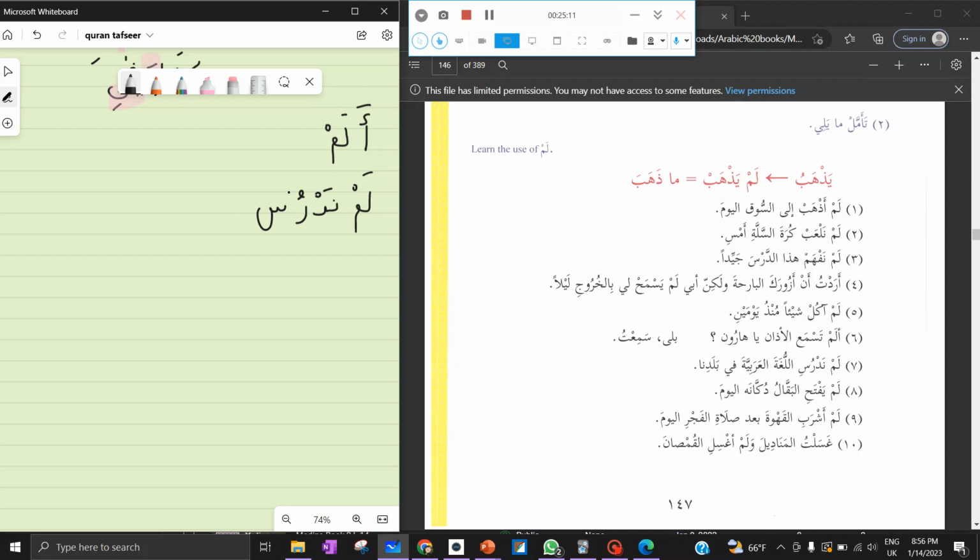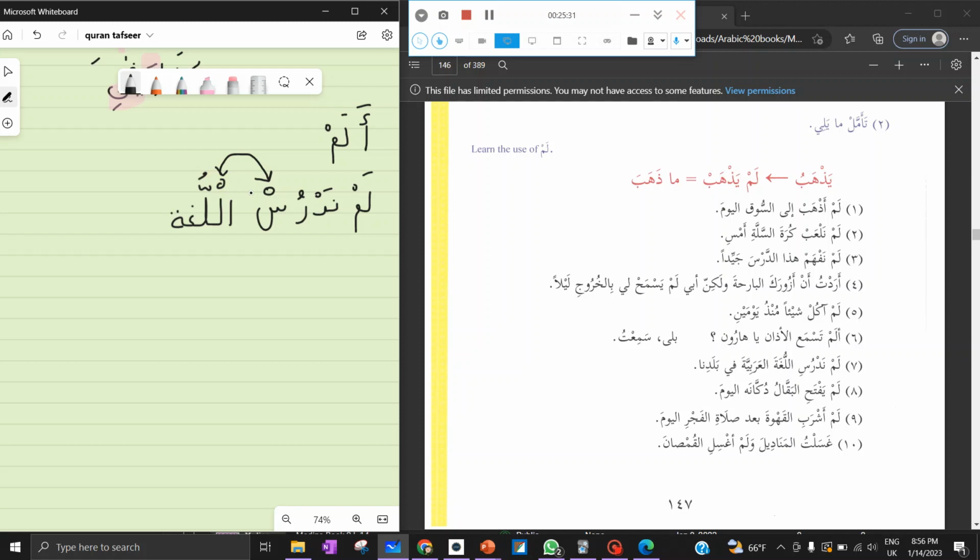Because after this fi'l comes a marifa word. What is the marifa word? Lugha. So this lam has a sukoon, and this seen also had a sukoon. What happened in Arabic? The two sukoons meet together.